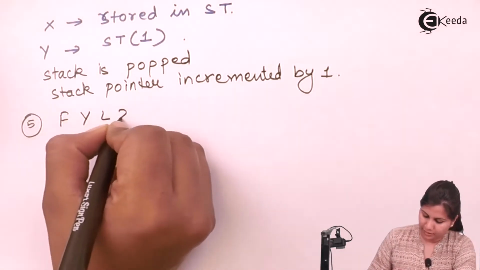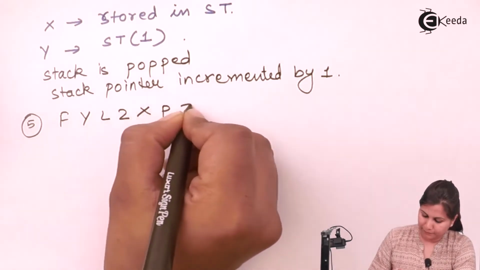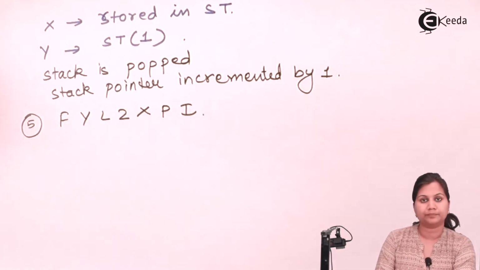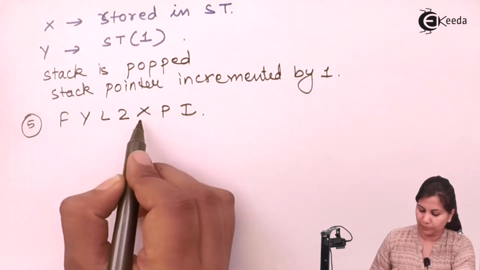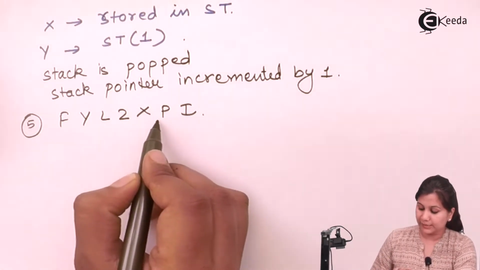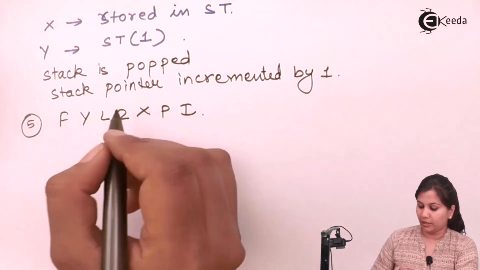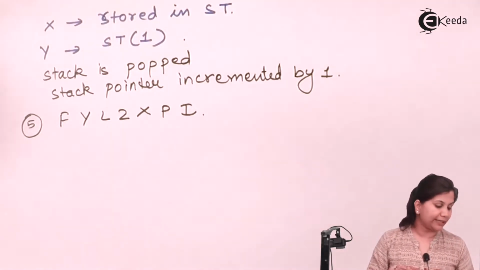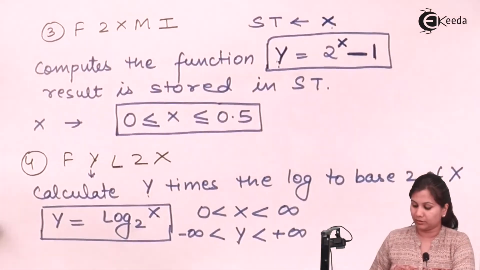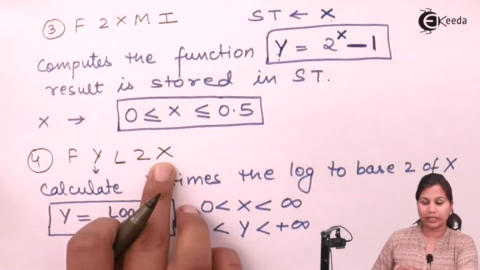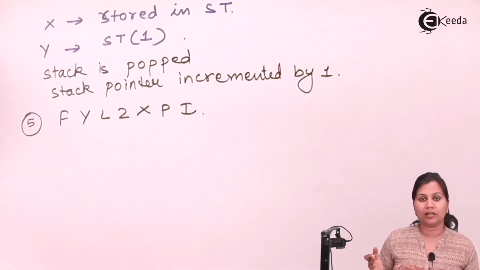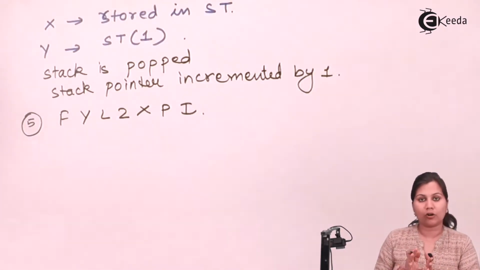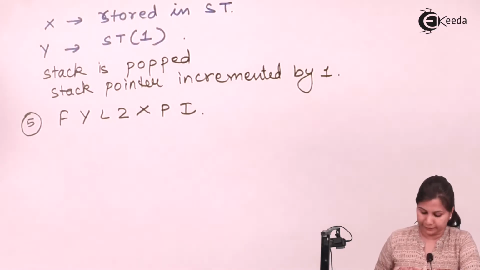The next instruction is FYL2XP1. Again, it is going to compute y times log to the base 2 of x plus 1. Earlier only x was there. Now the additional is plus 1. That is, x plus 1, and the log of that is going to be calculated.